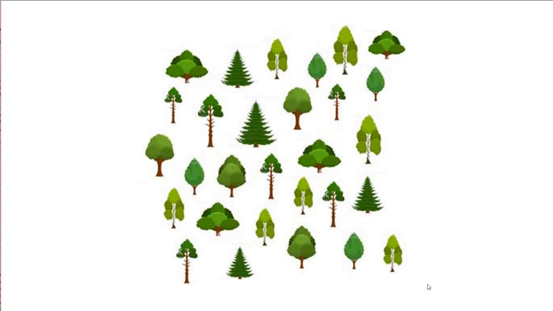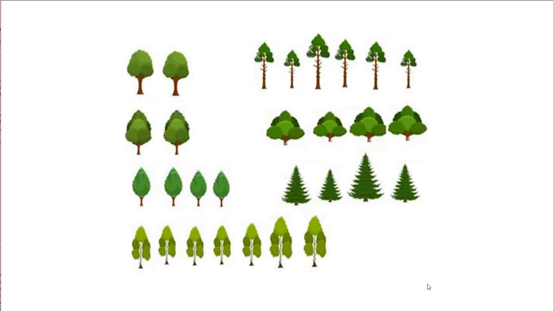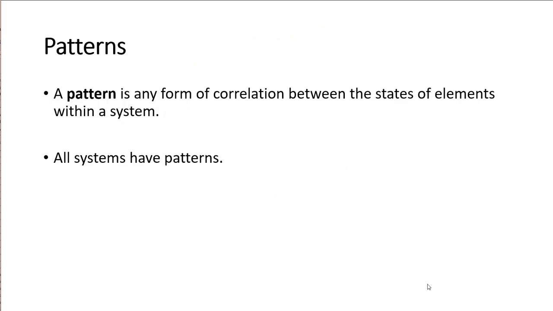There are different types of trees. And you can organize those trees into patterns, look at the individual patterns, and leverage those patterns. A pattern is any form of correlation between the states of elements within a system.